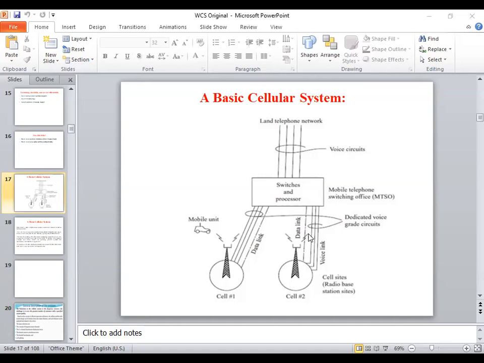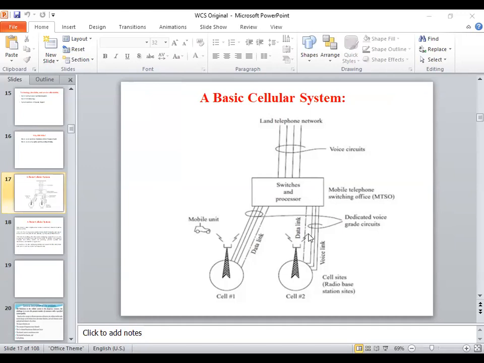It switches calls to connect the mobile subscribers to other mobile subscribers and to the nationwide telephone network. It uses voice trunks also, and it contains the data links also.